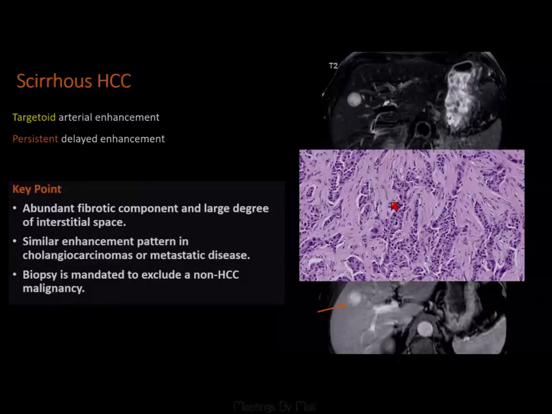As you see these bundles of collagen, that actually increases interstitial space and delayed enhancement, and tumor cells are interspersed in between this fibrotic background. Again, it's very hard to differentiate this from cholangiocarcinoma or mixed type HCC cholangio, and also metastatic disease, and usually biopsy is mandatory.